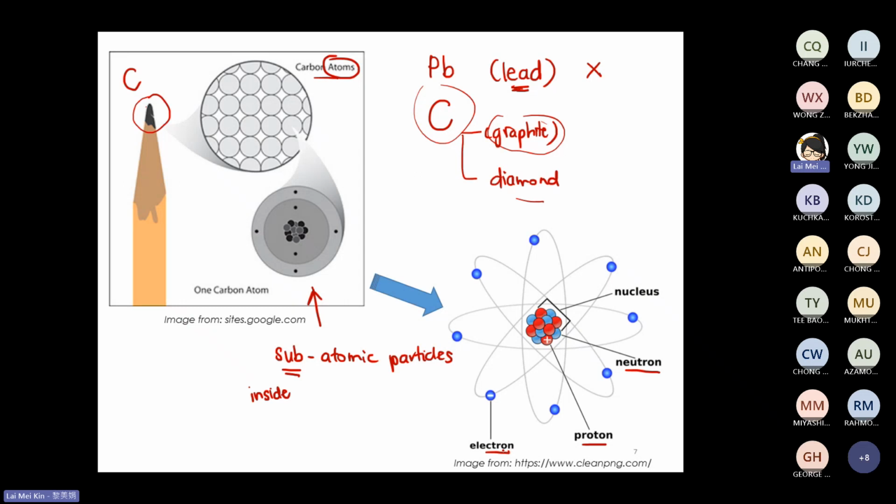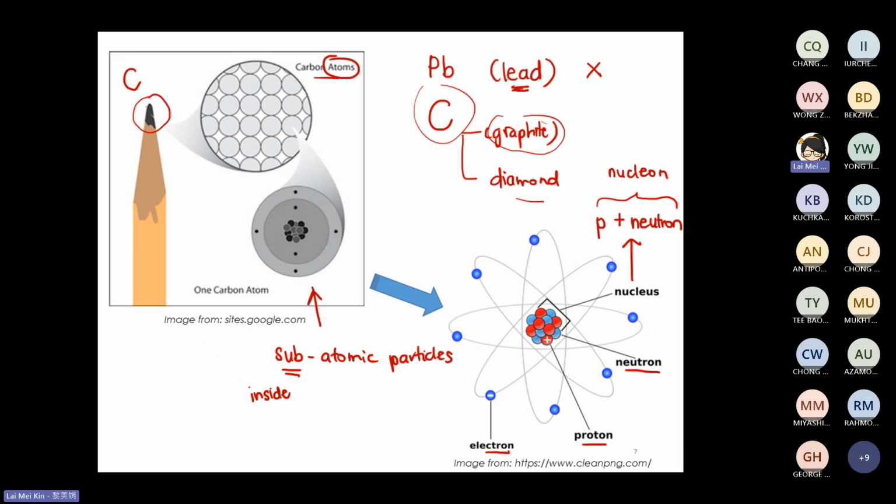It means the particles that are inside the atoms. What is in the nucleus of an atom? Okay, you have proton plus neutron. We also revised this in chapter 1 if you still remember. So proton and neutron added up will give you what? Nucleon. Okay, be very sure what is neutron, what is nucleon.